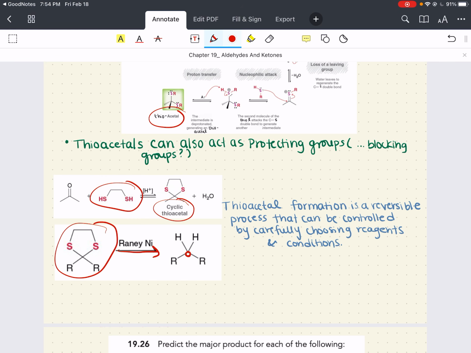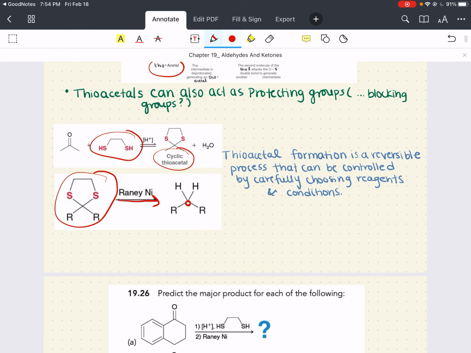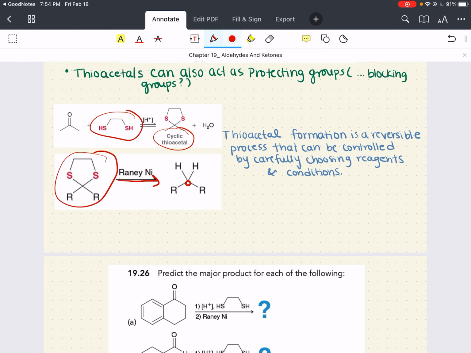So that's also a very interesting thing to keep in mind, especially when you get to slightly complicated synthesis questions where you have to be a little bit strategic. This might prove to be advantageous for you to remember in solving problems like that.